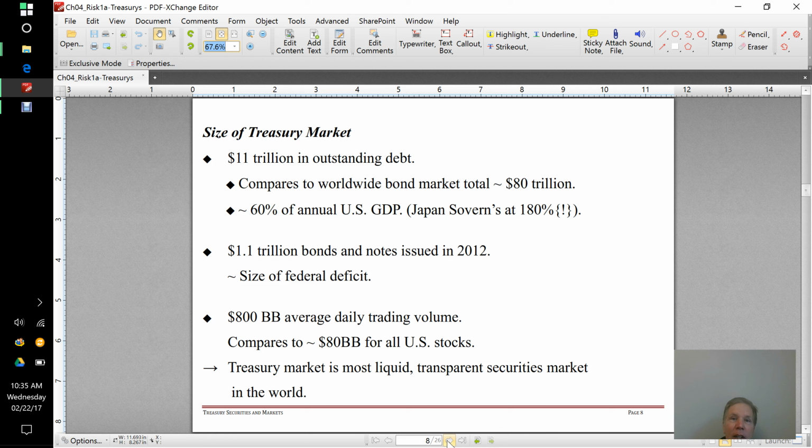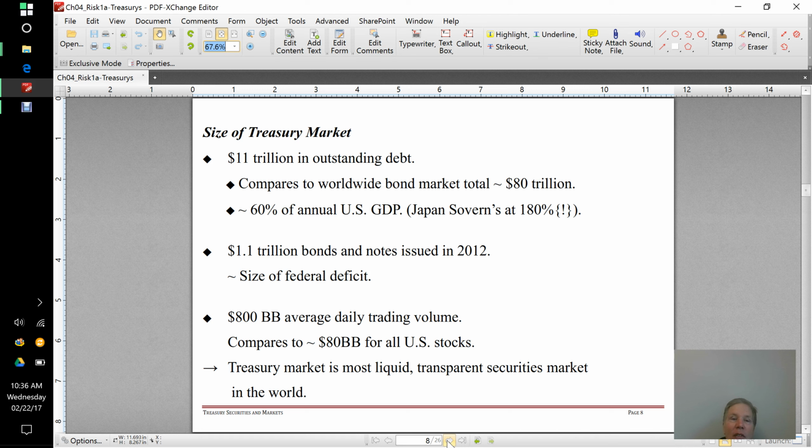If you look at Japan, Japan's sovereign debt, their equivalent of treasuries at their national level, represents 180% of their GDP, meaning if they threw every nickel of their GDP at paying down their sovereign debt, it would take them 1.8 years. That's pretty serious, especially because their demographics are bad. Their population is shrinking and their population is aging. Doesn't bode well for paying all that back.